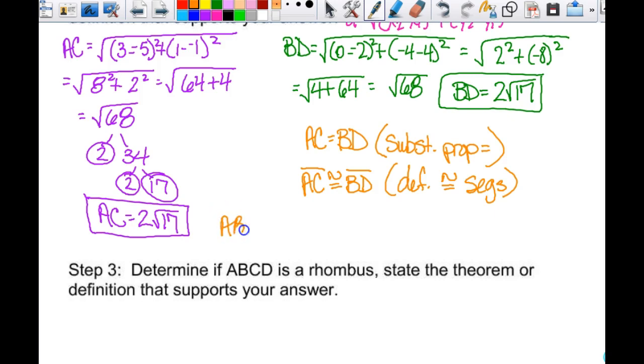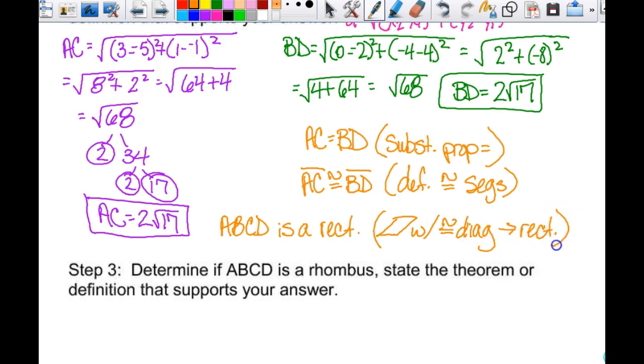So ABCD is a rectangle. And my reason is, because if you have a parallelogram with congruent diagonals, then it is a rectangle. And all of that stuff is your answer.